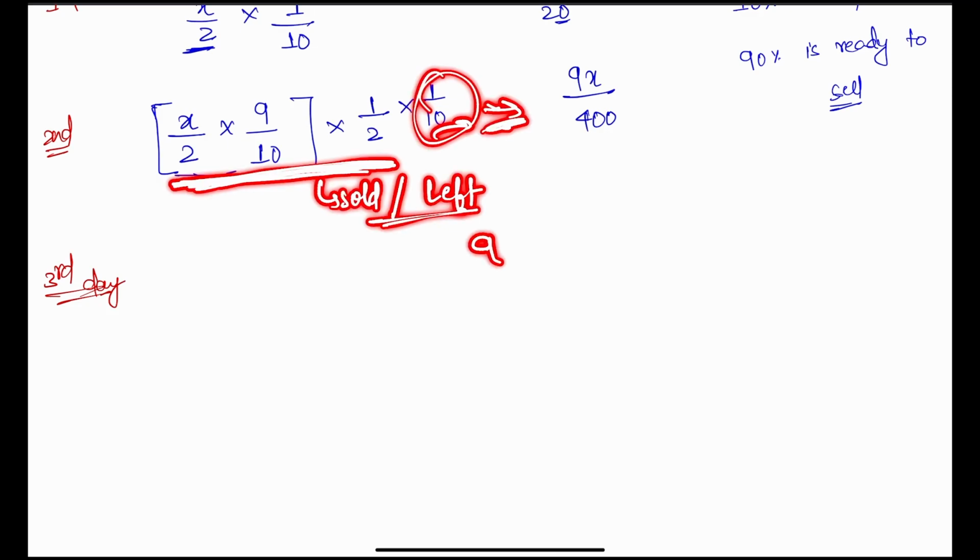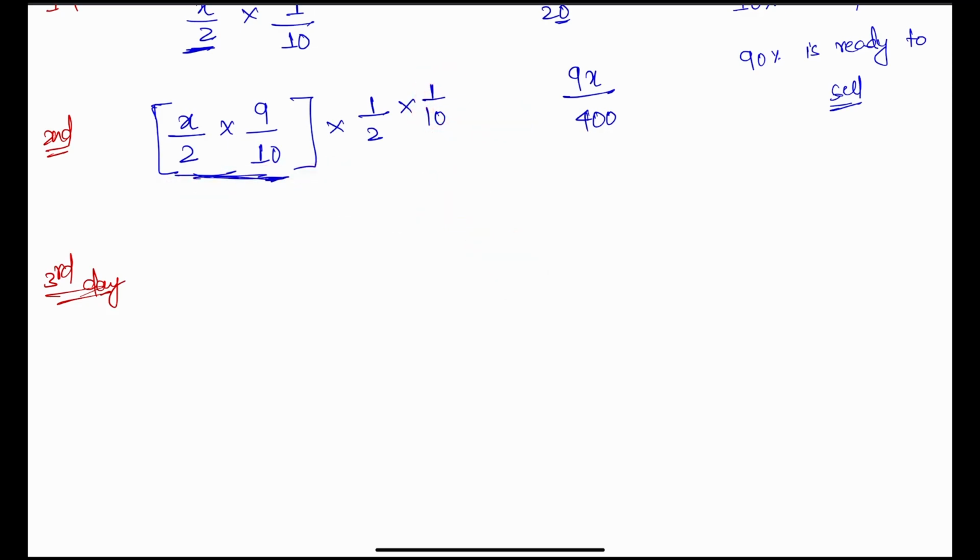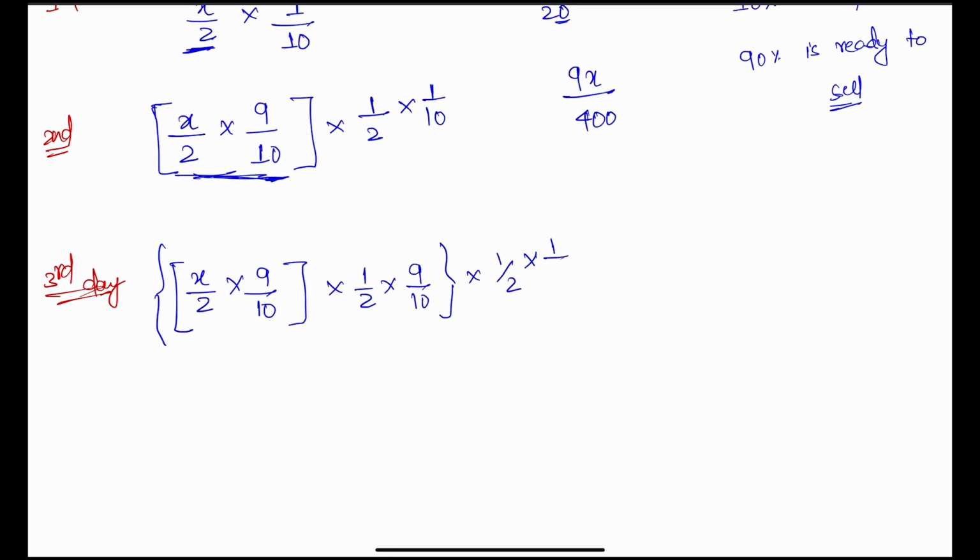So how much is left? 9 by 10. So x by 2 into 9 by 10 into 1 by 2 into 9 by 10. From here 1 by 2 he will sell and 1 by 10 will be spoiled.